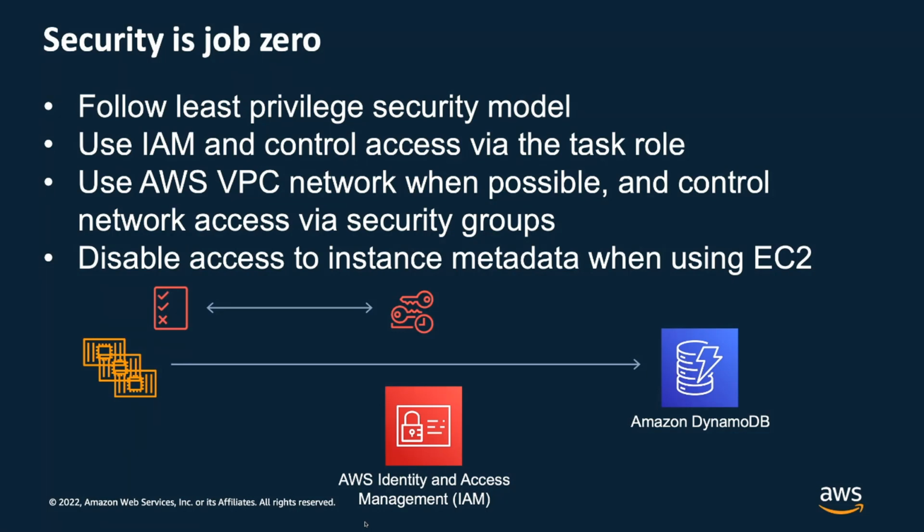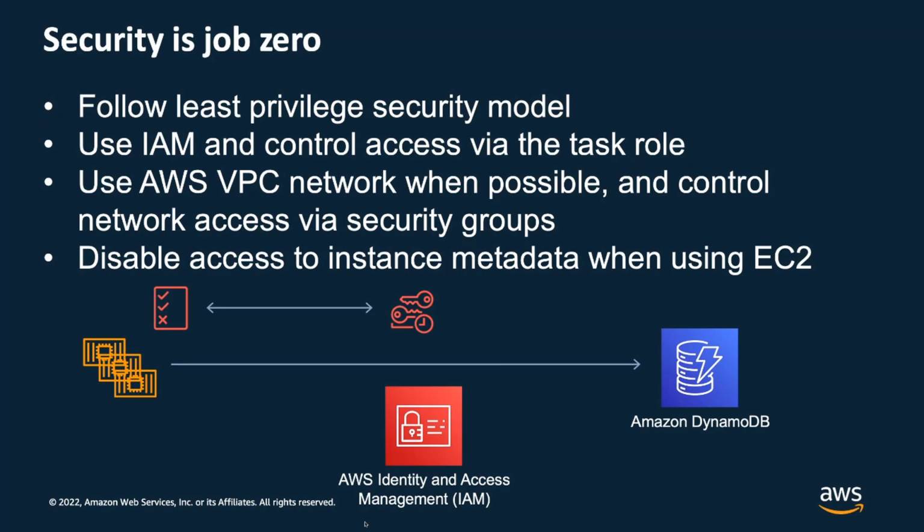So this means using IAM roles and attaching those policies and roles to the task via the task role to control what your containers can and can't access within your AWS environment, and limit the access to only what is needed. By default, the task role doesn't have any permission to access AWS resources, so you should scope your permissions to be very specific to only what is needed and not everything out there.